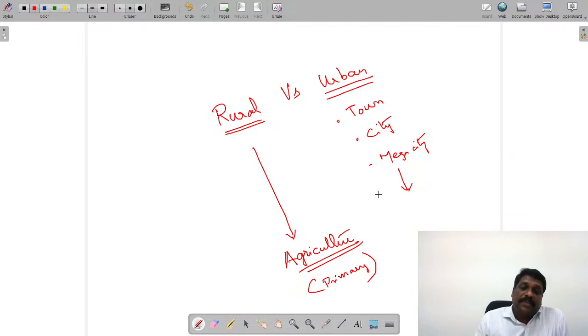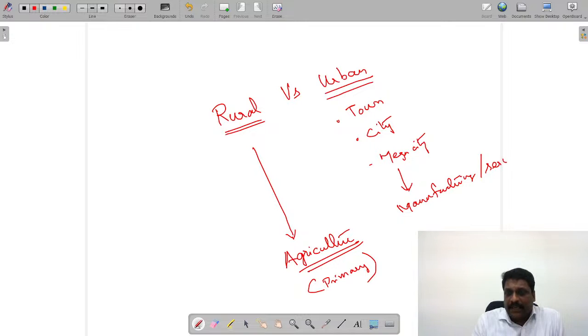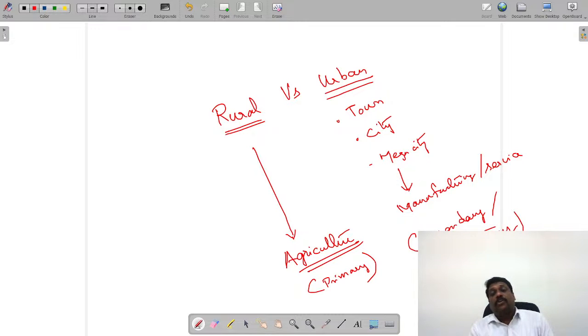Urban area is the one where the predominant activity will be either manufacturing or service. Either it will be manufacturing or service. Or I can rewrite it. How can I rewrite it? Either it is secondary economic activity or tertiary. It will be secondary or tertiary.